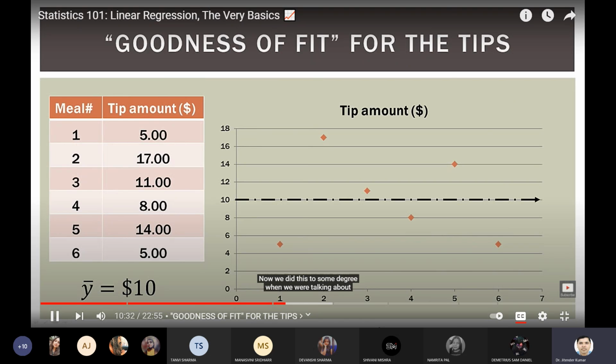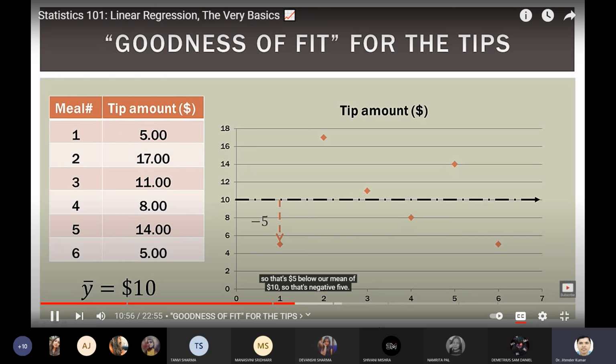We did this to some degree when we were talking about standard deviation. Remember, we're talking about the distance each data point is from the mean. Well, guess what we're doing here? The distance that each data point is from the mean, because the mean is our line of $10 here. So for meal number 1, our tip was $5.